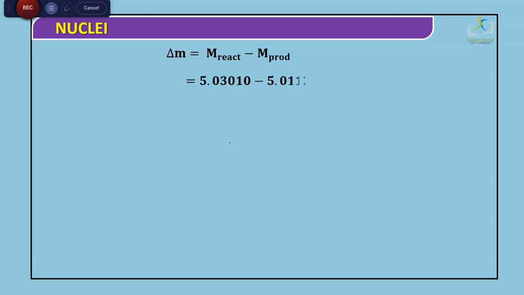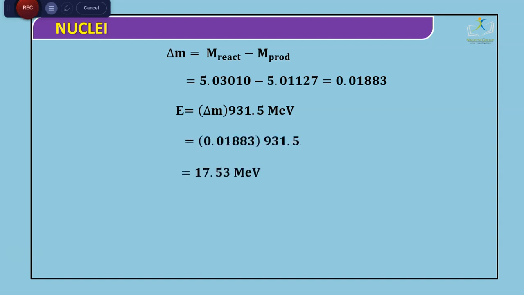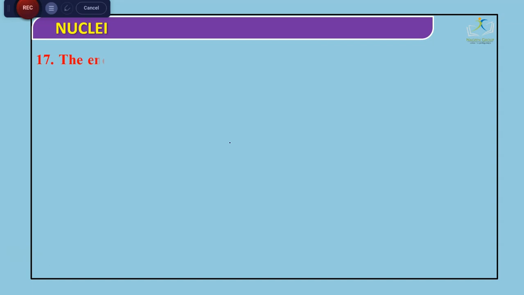Again, for finding delta M, which as I told you earlier is the mass defect, this delta M value gives 0.01883, and the energy is delta M times 931.5 MeV, which gives the answer 17.53. According to this, the correct option is option number 2.